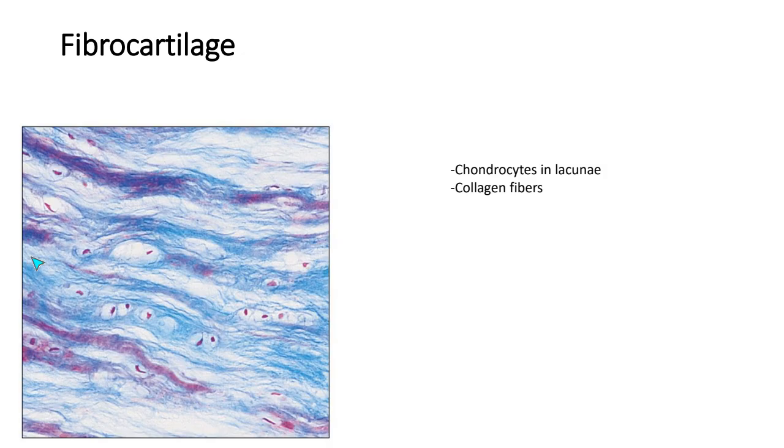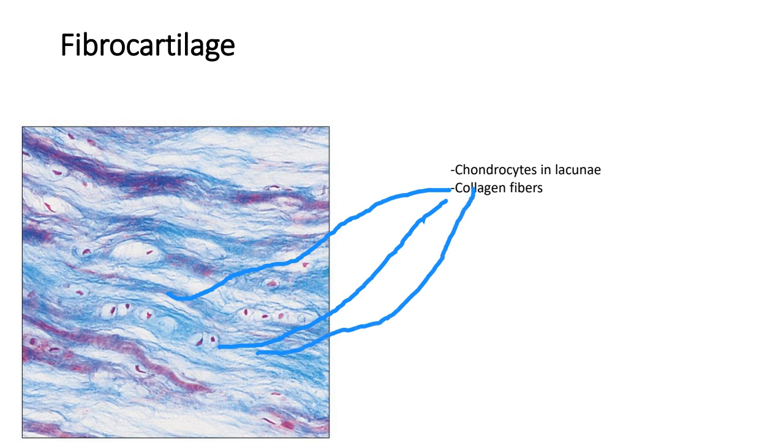So anyway, these stringy structures, those are the collagen fibers on there, okay? So all those individual string-like structures, those are the collagen fibers. And then these dots right here, those would be the chondrocytes, okay?